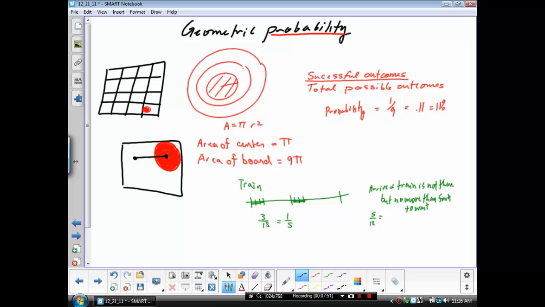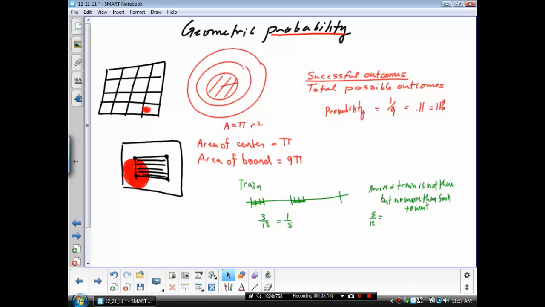Well, anywhere inside, let's find the four corners of the square that the center of the nickel could lie in. Anywhere inside there would be a win if the center of my nickel lies there.